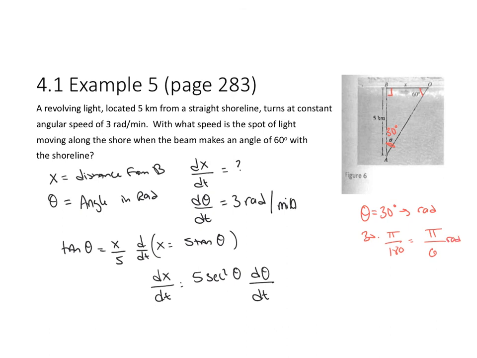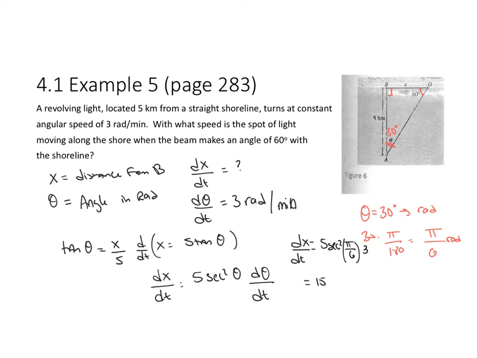Now let's continue back to the problem and substitute back in what we know. We have dx/dt equals 5 times the secant squared of pi over 6 times d theta/dt, which is 3. All right, let's simplify some of this.